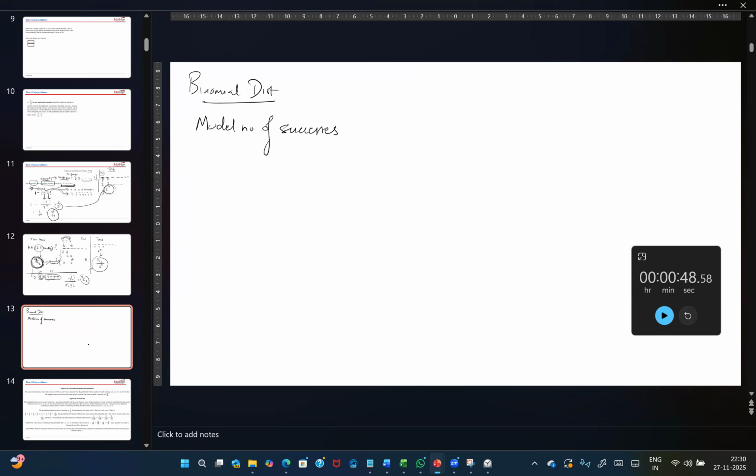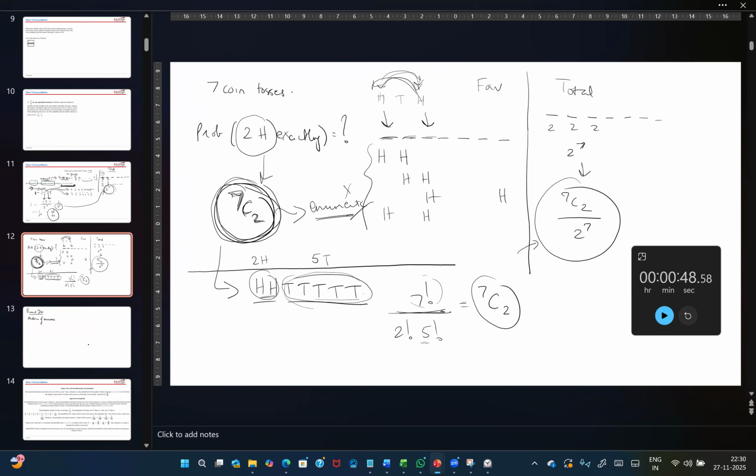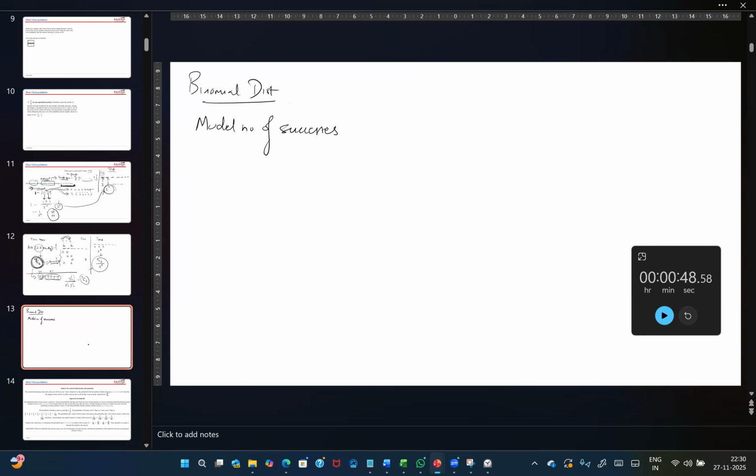The question which I put here was 7 coin tosses, and the probability of exactly two heads. Now, my question is, what is a success here? Success here is getting a head. How many successes are they talking about? Two.